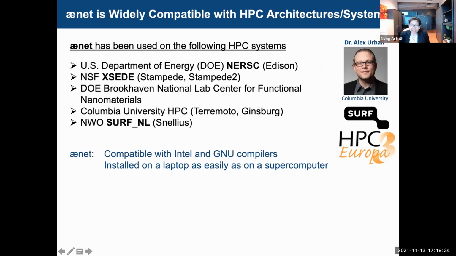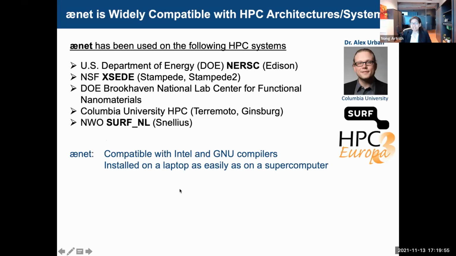We have tried and tested it on many different HPCs, for example from the US DOE, NERSC, and also DOE from BNL computer clusters, Columbia computers, and now in the Netherlands. We also got an allocation from NWO SURF, Dutch.